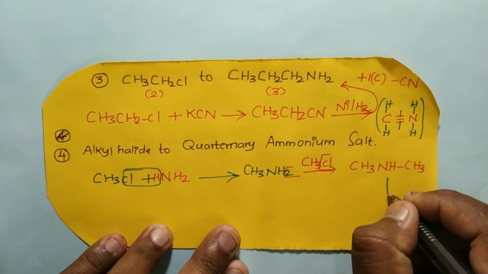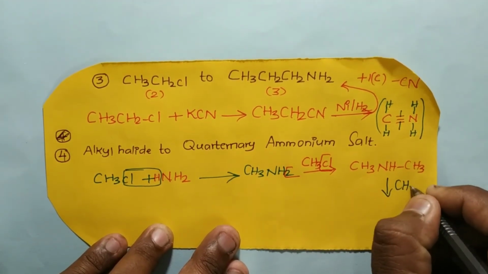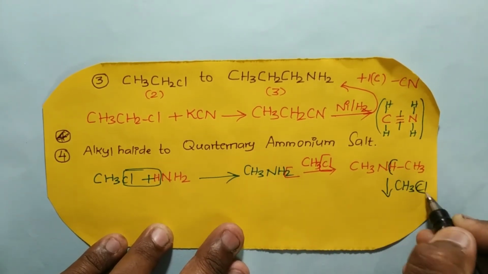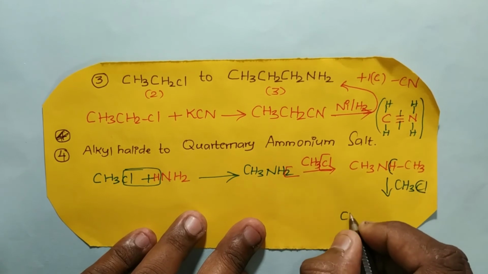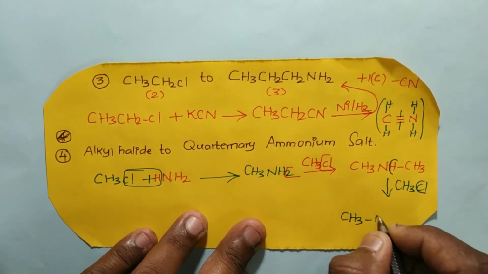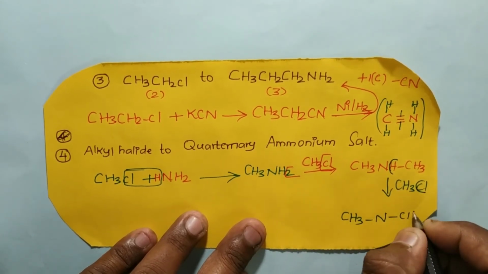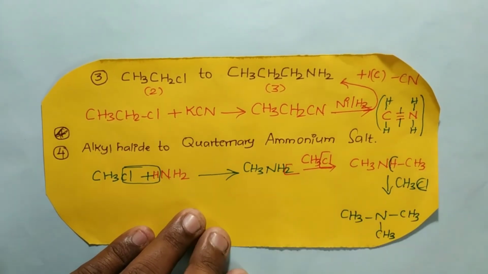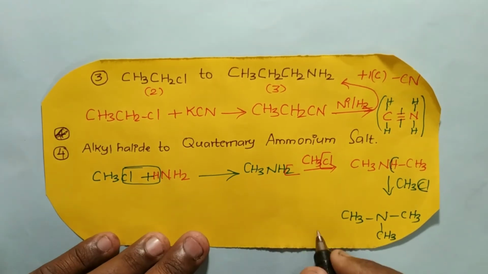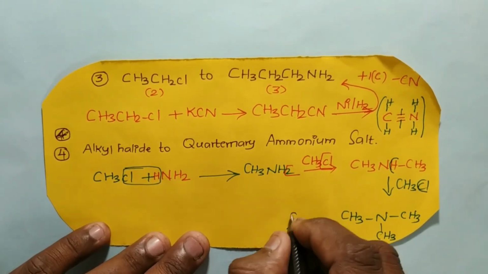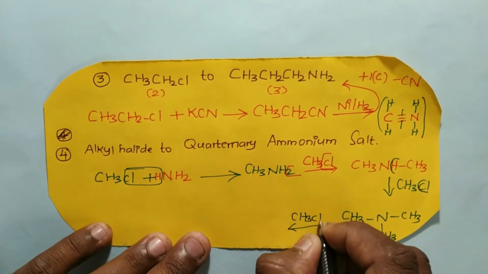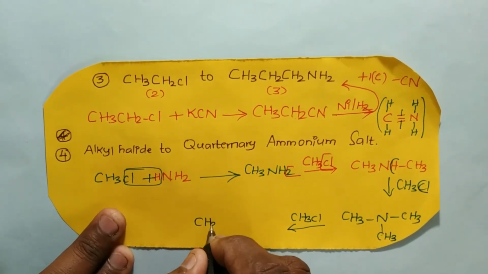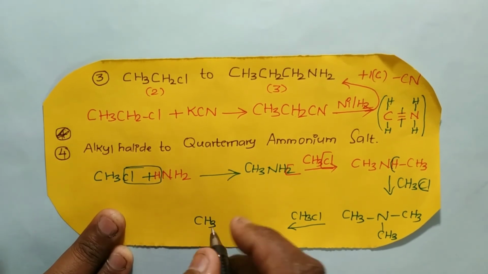After that, if I add one more CH3Cl, this hydrogen and the Cl will go off, and I will get N with three CH3 groups. And suppose I add excess CH3Cl, at that time I will get the quaternary product with CH3 groups.